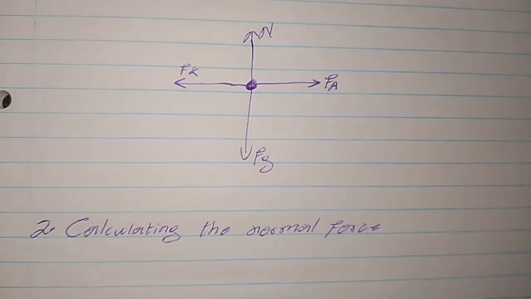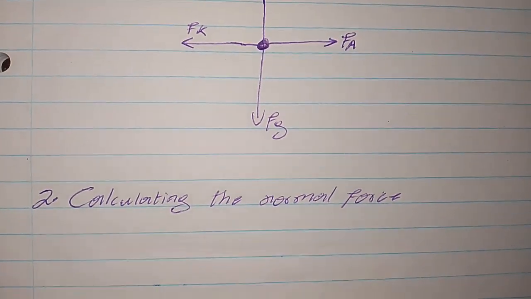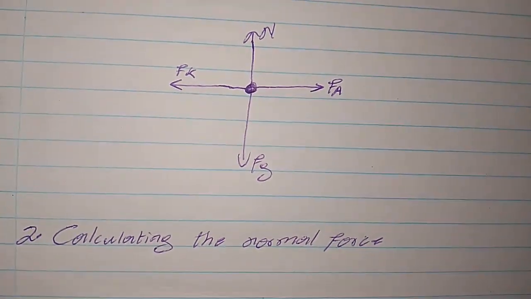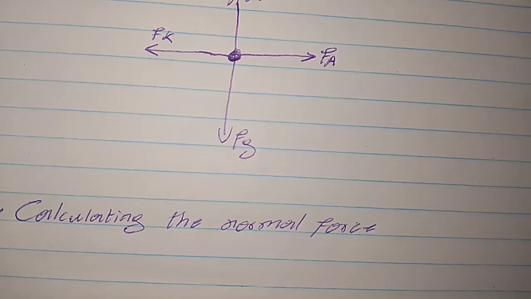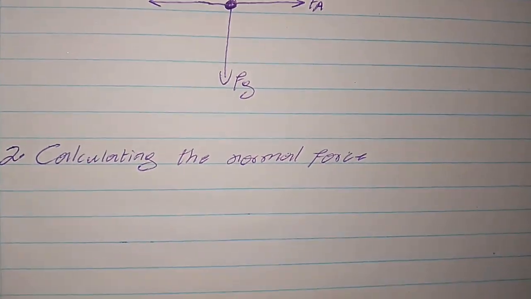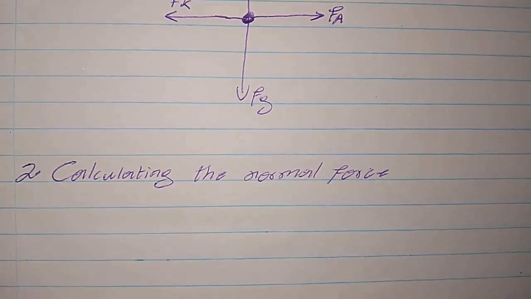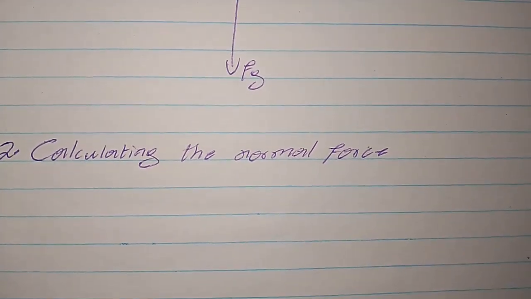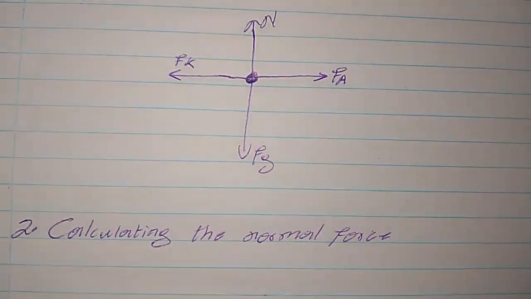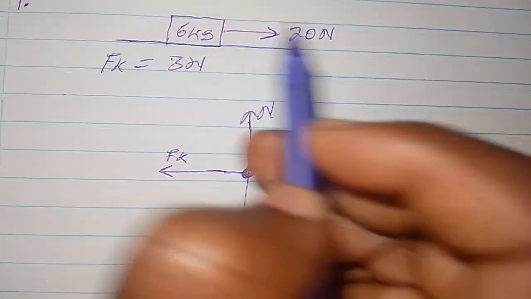And then we need to know how the object is moving. It is said that when the object is not moving, but there are forces acting on that object, it means that those forces are equal, they are at equilibrium. Now when we look at this object, it is moving horizontally only.